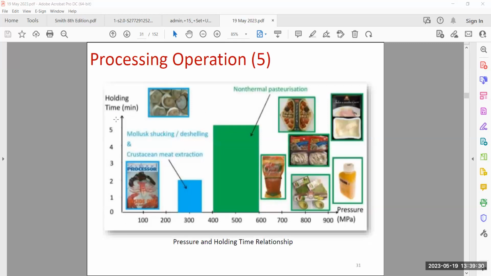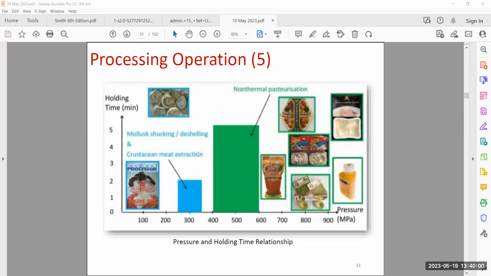So the processing operation depends, again, on the objective of your food processing. If you're talking about mollusks, something like shellfish, clams, abalone, the ones that have shells, and you want shucking, or what we call deshelling, then you can use up to 300 megapascal at about 2 minutes only, the holding time.